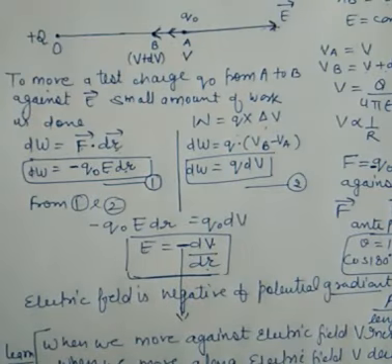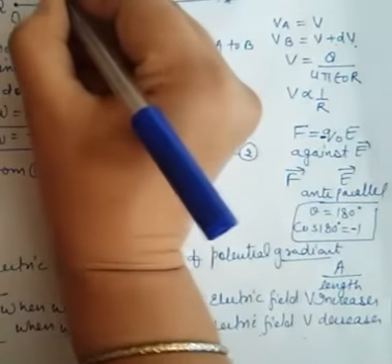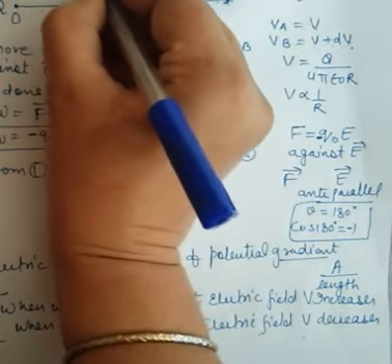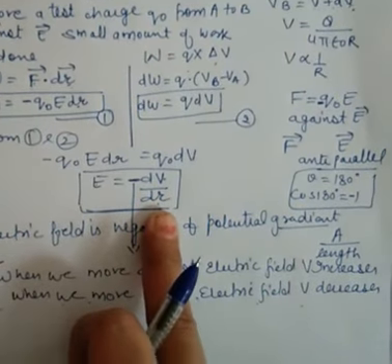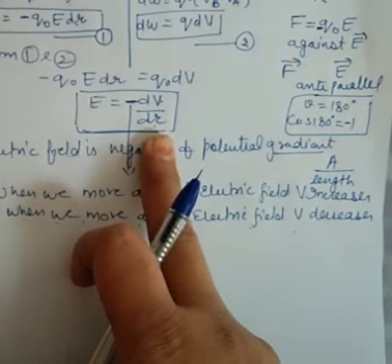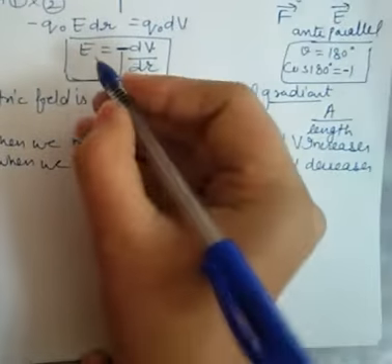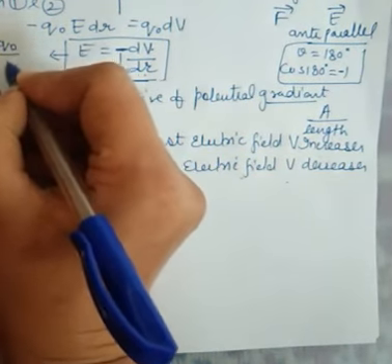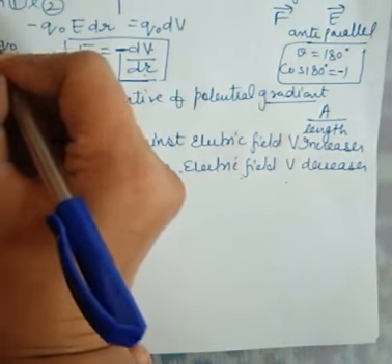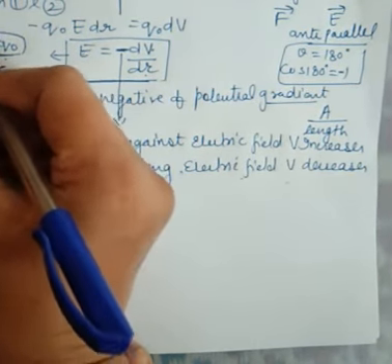Okay, and one more thing that is concerned here, numerical regarding this relation, E is equal to minus dV by dr, is very important. We will discuss this now. As I have told you, electric field is force per unit charge, so the unit of electric field was Newton per Coulomb.